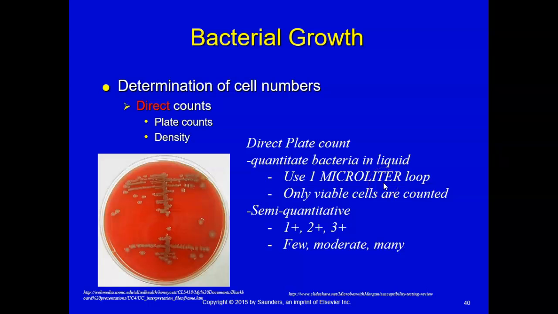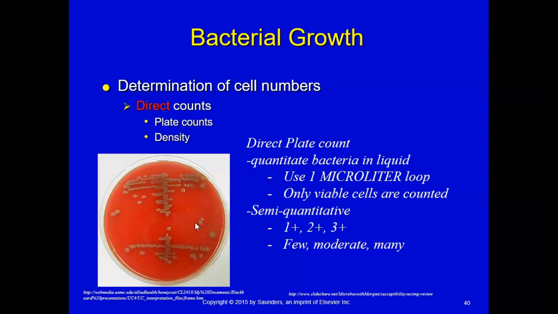You have seen pipettes and you've seen very small amounts of liquid in your pipette practice, so you know this is a very tiny amount. And we have some 1 microliter calibrated loops that we will use in our laboratory. In this way, only viable cells are counted, and we count the colonies.